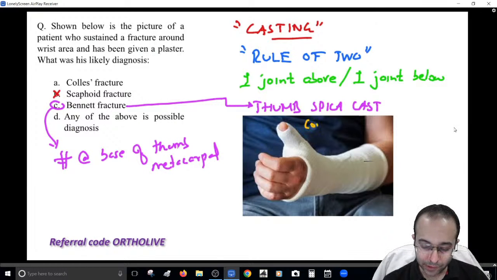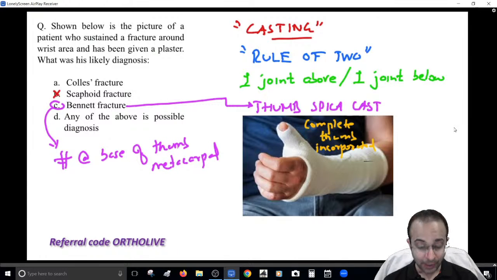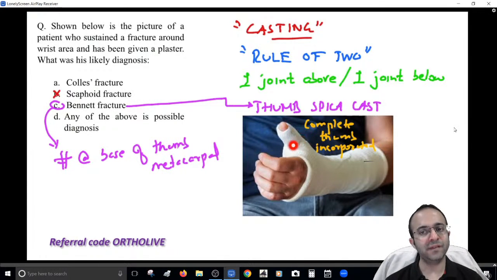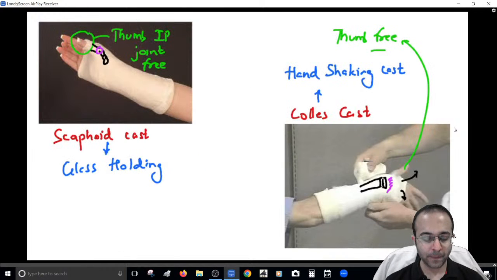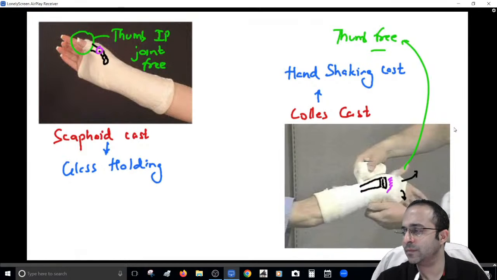So what you will find in a thumb spica cast, the complete thumb will be incorporated into the plaster. Getting my message? So complete thumb is incorporated: something wrong in the thumb metacarpal. Interphalangeal joint free: something wrong in the wrist, like a scaphoid fracture. Total thumb free: problem with the distal radius. So are you guys clear with that?